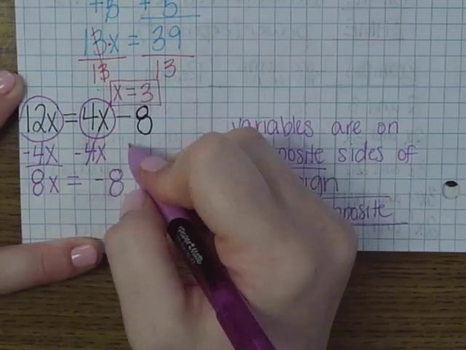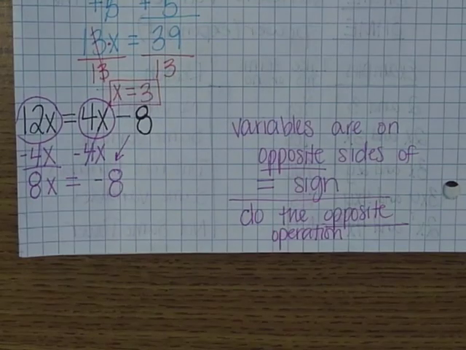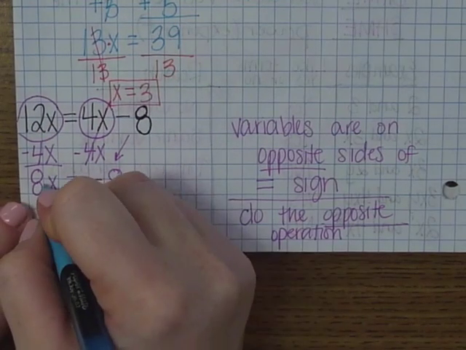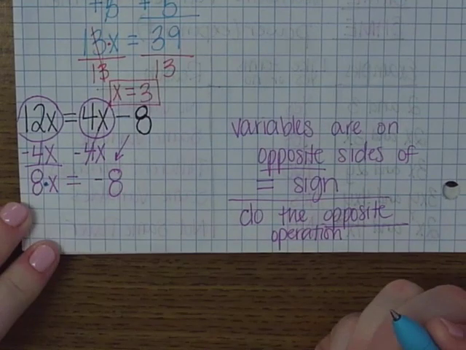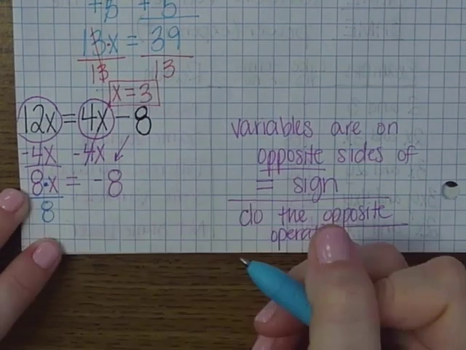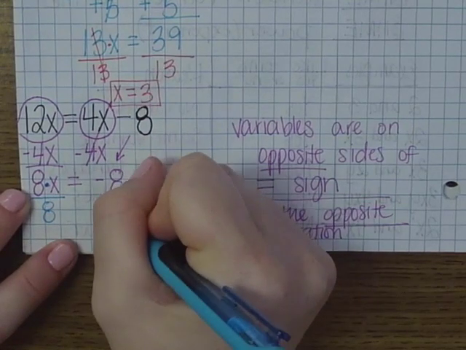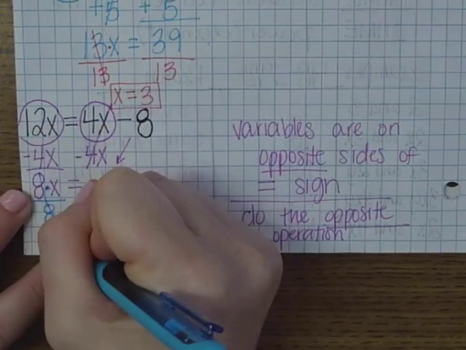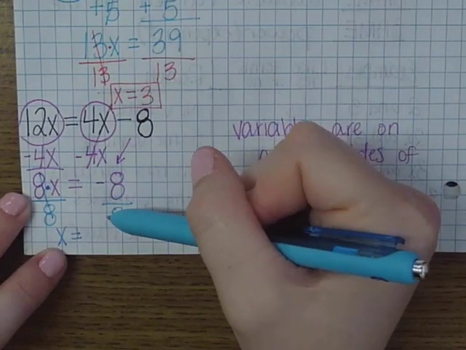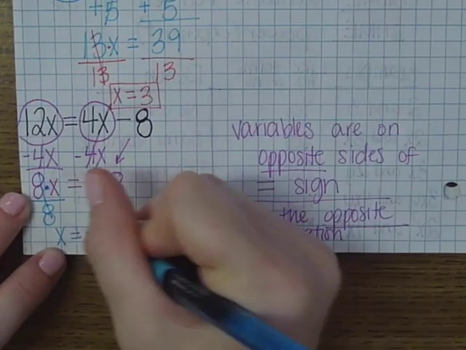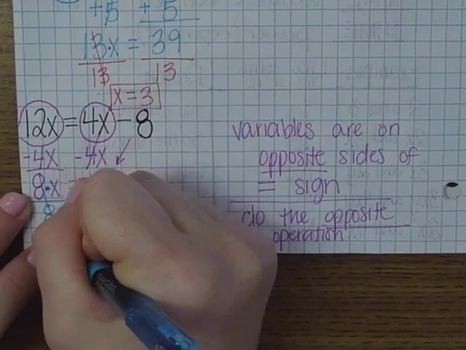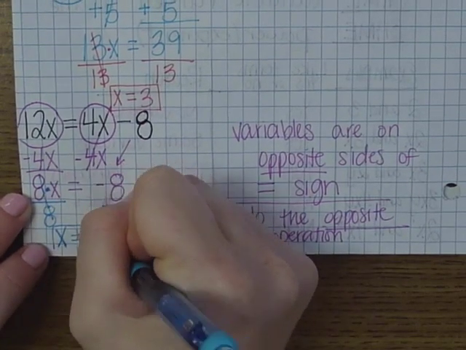Don't forget to bring down that negative. Okay, then it's 8 times x. So the opposite of multiply by 8 is to divide by 8 and divide by 8. So x would equal a negative divided by a positive is a negative. 8 divided by 8 is 1. So it would be x equals negative 1.